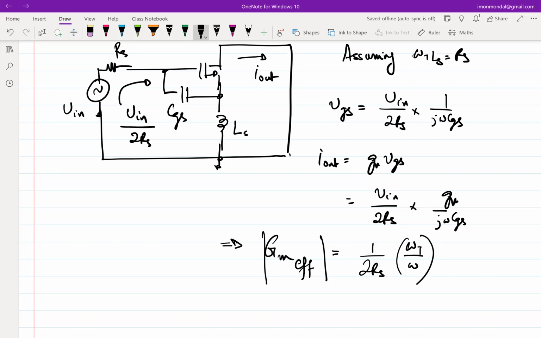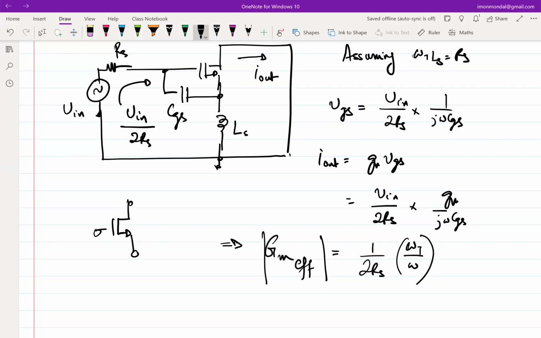If you have designed something for the maximum value of GM for a particular W by L and you want to increase it further, then the only thing you can do is to, what? So let's say I have set up my transistor, I mean, this type of problem you are going to face during design.